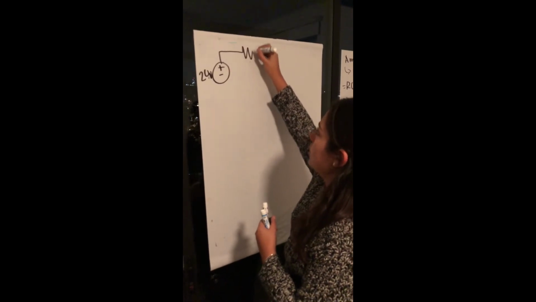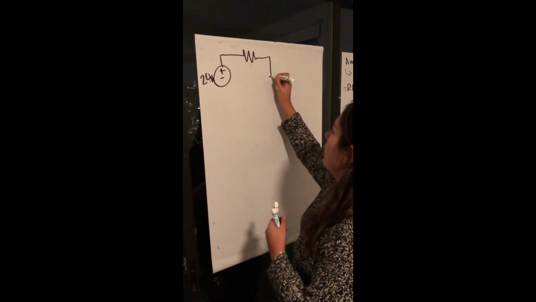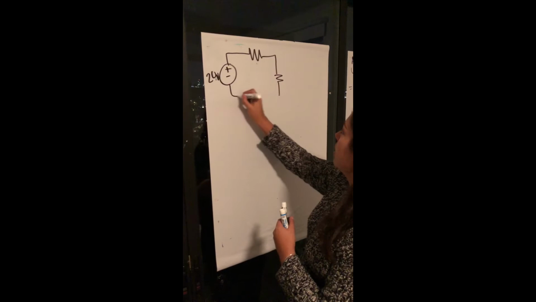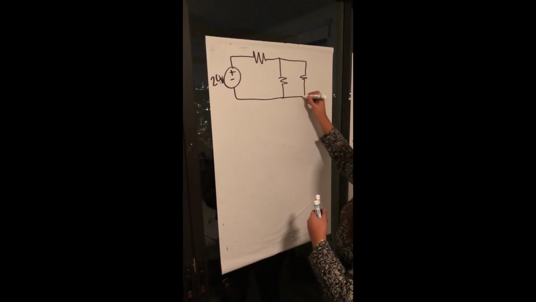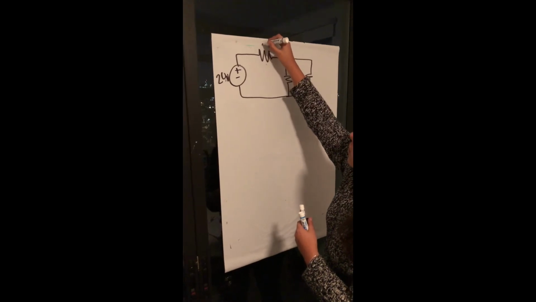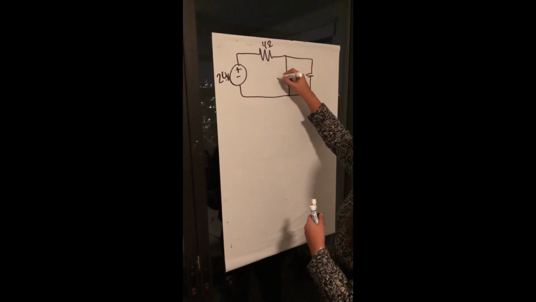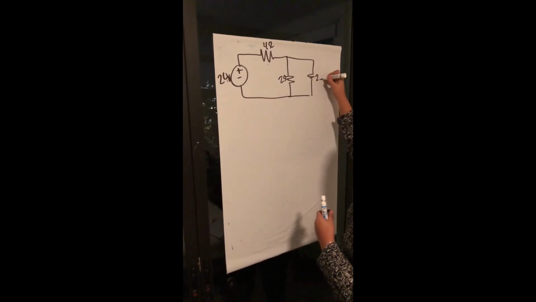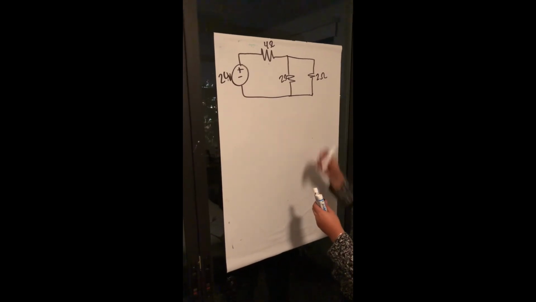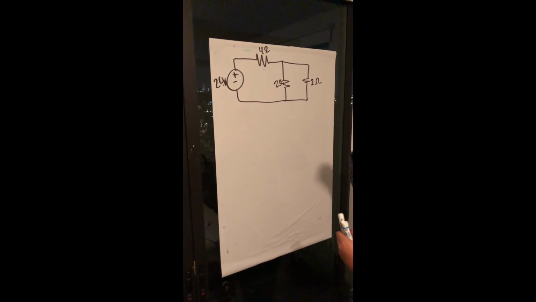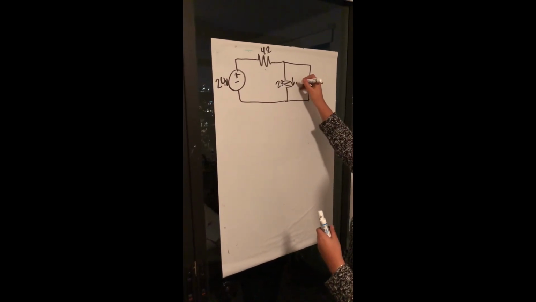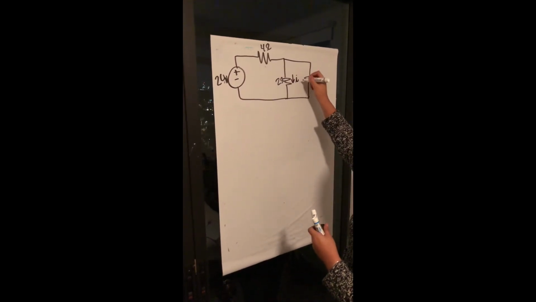I'm gonna have a resistor here, another resistor here, and a final resistor here. So this would be 4 ohms, this would be 2 ohms, and this other will be 2 ohms. I want to know the current that is passing through this resistor, that would be Ix.